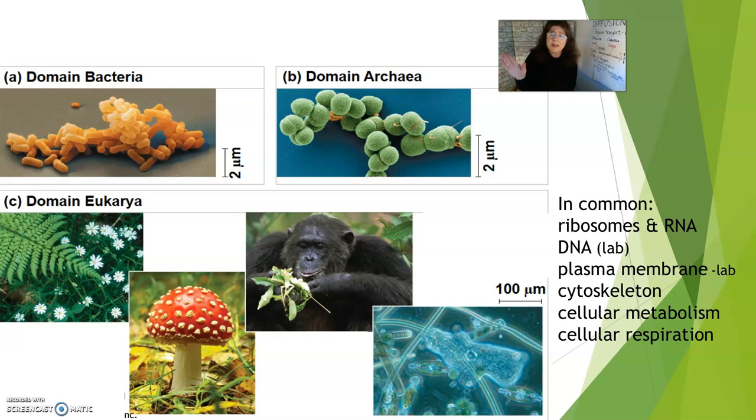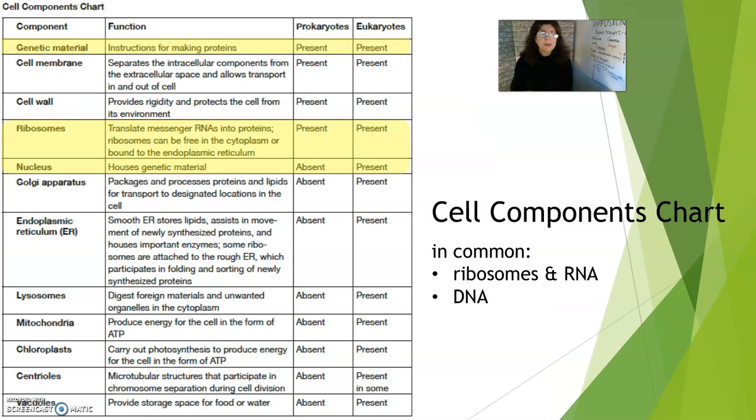All of them have cytoskeletal properties, and cellular metabolism and cellular respiration are an important process for all of these cells. We'll go into the specifics of that in a few minutes. Let's start with the ribosomes and the RNA and then go to the DNA.